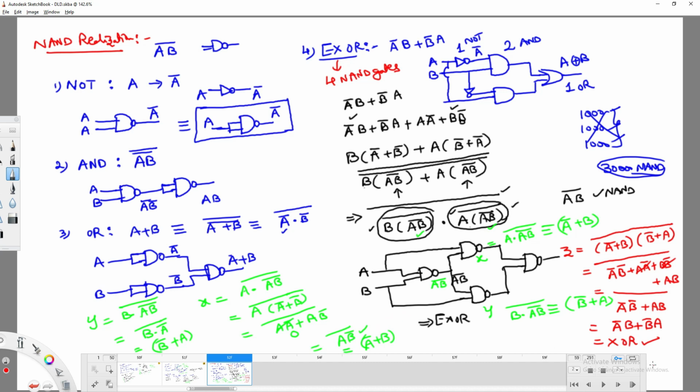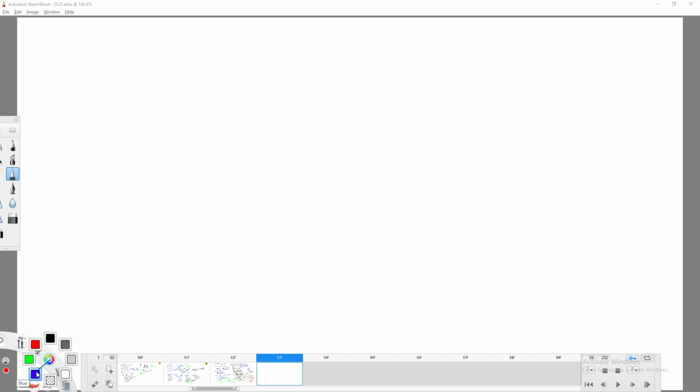Okay, fine. Next one, XNOR is there, right? XNOR means if I have an XOR gate, and for this XOR gate, if you add a NOT gate, can we get XNOR?